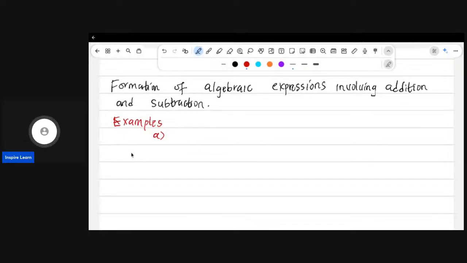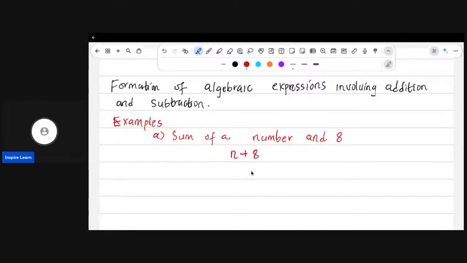If you are told: A, the sum of a number and 8. Remember, the number that you're talking about is unknown to us. Let's even call it n. So it is going to be n plus what?